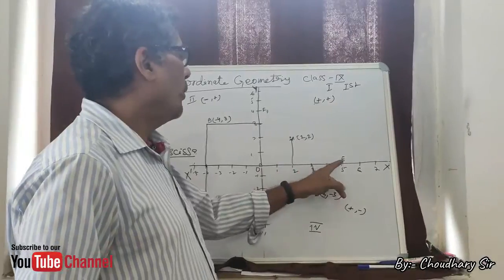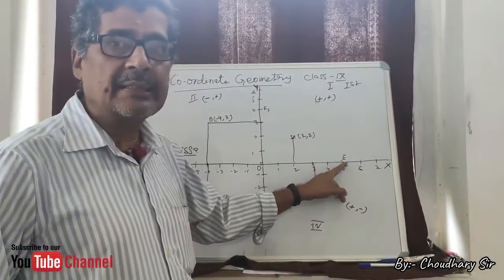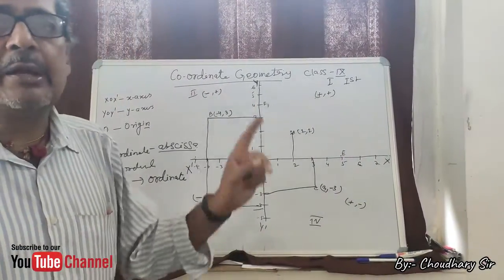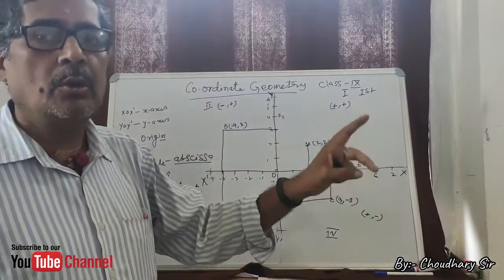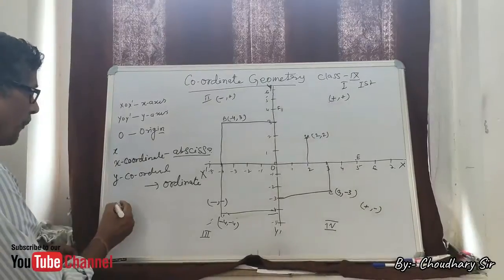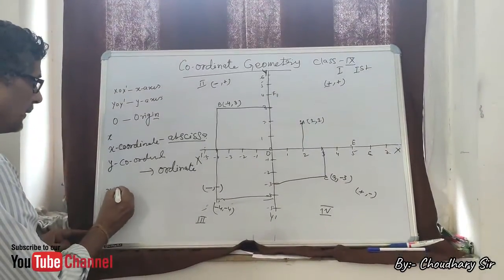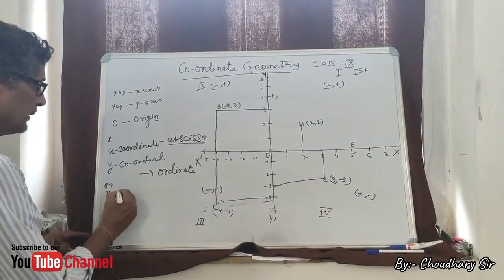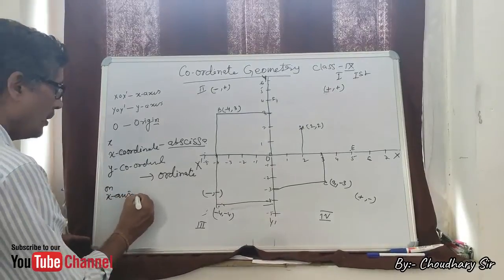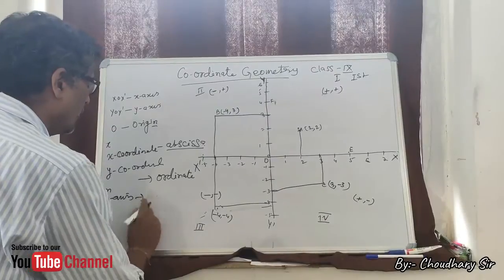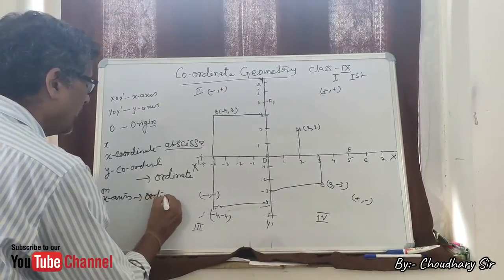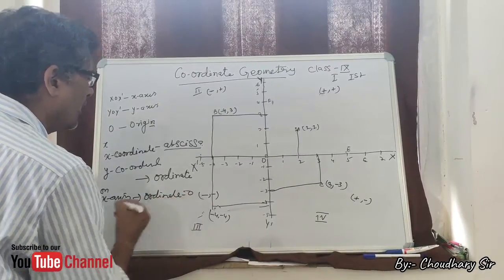Again, point E lies on the x-axis. If a point lies on the x-axis, then its y-coordinate is 0. Write down: if a point lies on the x-axis, the y-coordinate, meaning ordinate, will be 0.